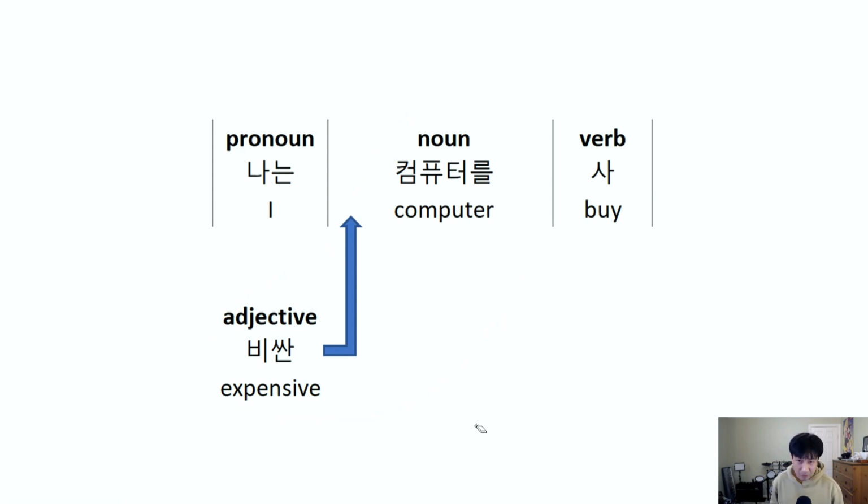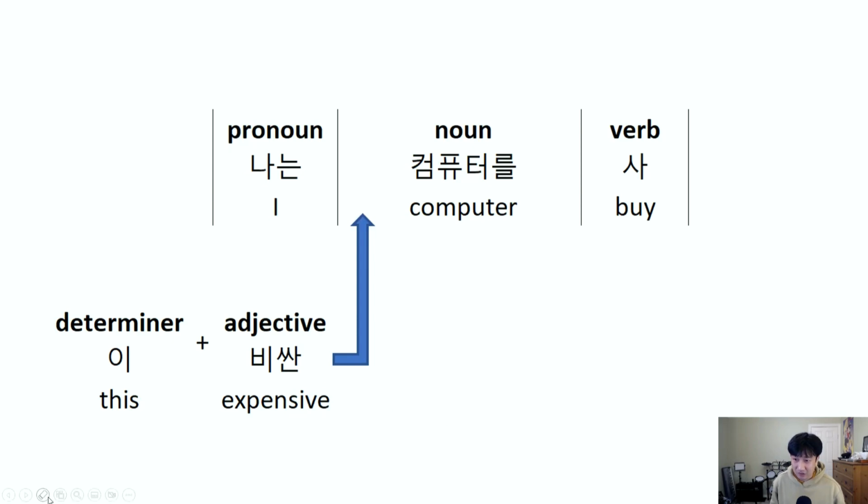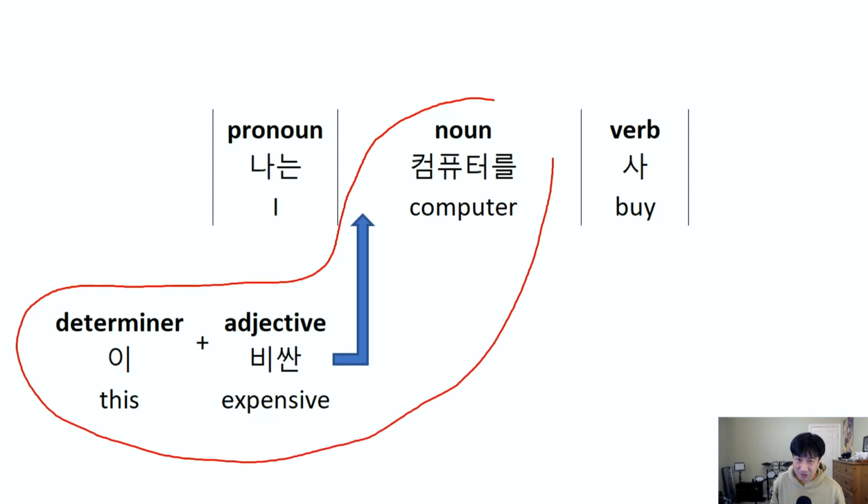So the next type of word we have is called determiners. Determiners attach to the adjective, which then attaches to the noun. So these three words right here become like one cluster. Determiners are basically words like this and that.